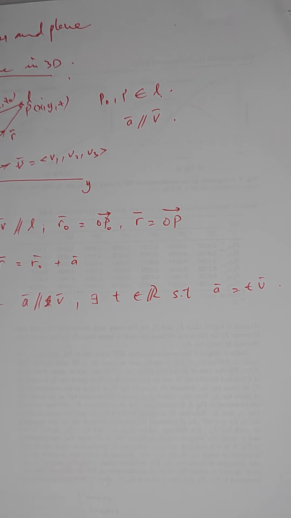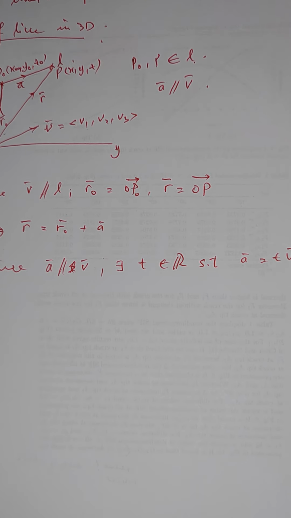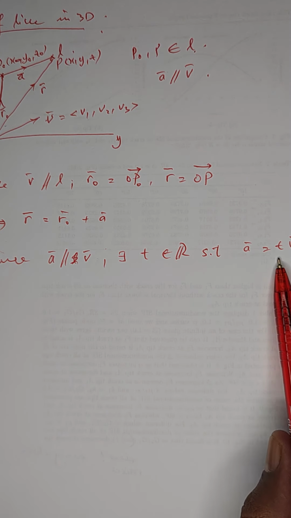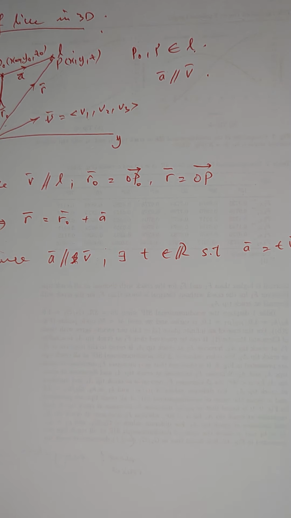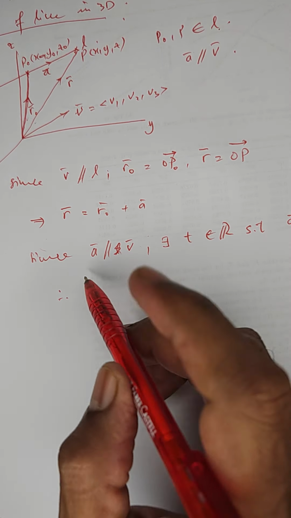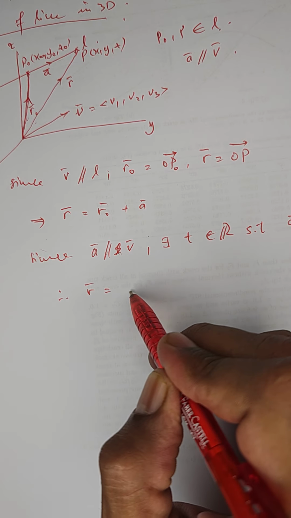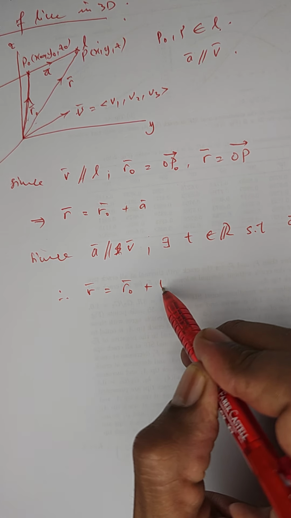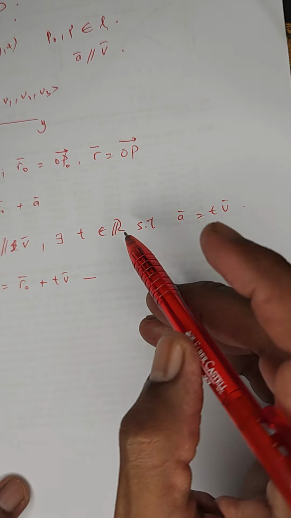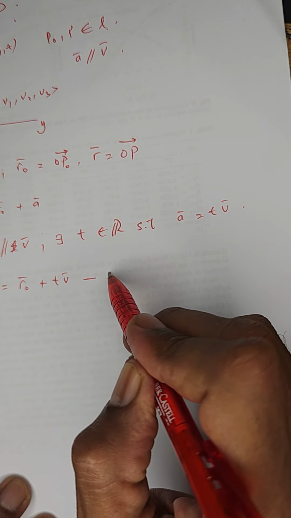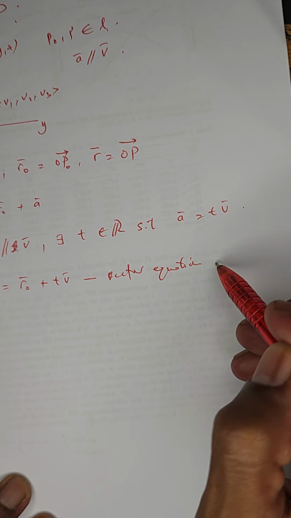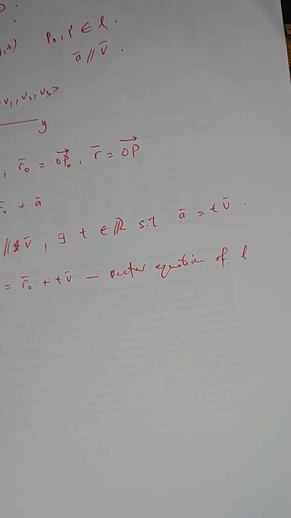That's the property of parallel vectors. Therefore, if you substitute, we have R is equal to R0 plus TV. We call this the vector equation of line L.